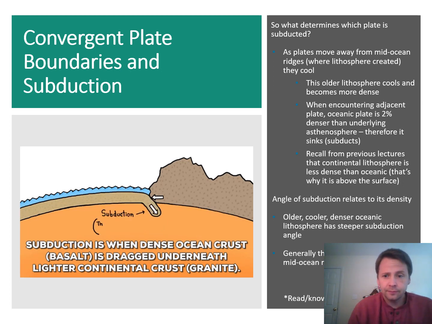So these denser, older lithospheric plates have a tendency that when they hit the subduction zone, because of the density, they have a much steeper gradient. They dive down, similar to this graphic here, at a steeper angle compared to a younger one.